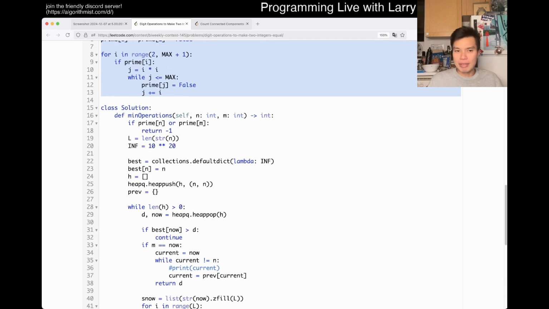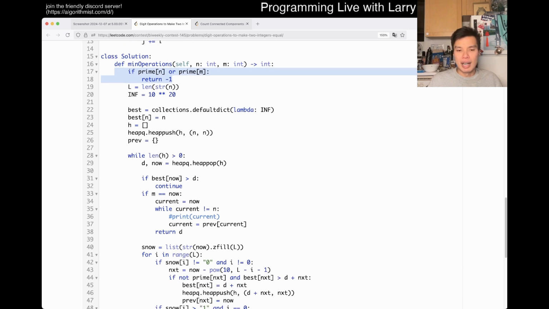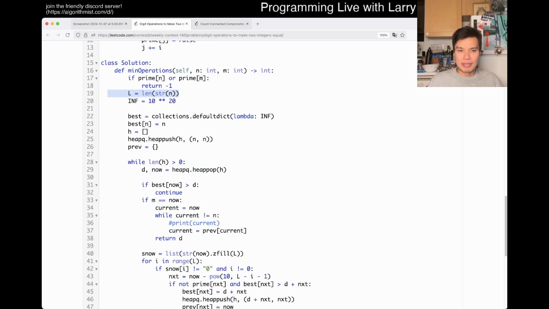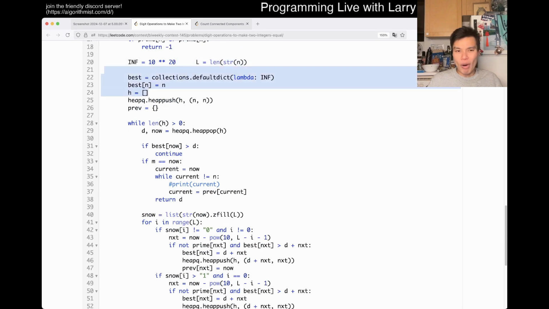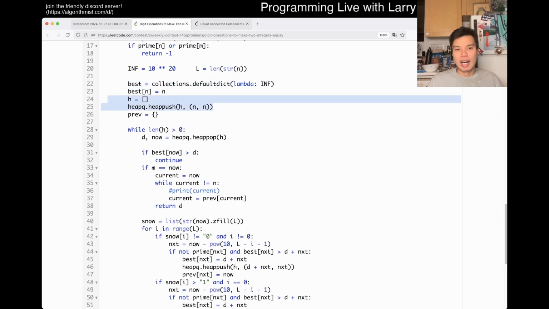I don't really have anything set up. So if N or M is prime, we return -1 just to get it out of the way. We keep track of the length with an infinity value. This is all just regular setup stuff, right? Best for Dijkstra, I put in a collection so that we don't have to go through everything, because I figured it'll be probably a little bit more sparse. Here, this is just a regular heap where N is the cost.